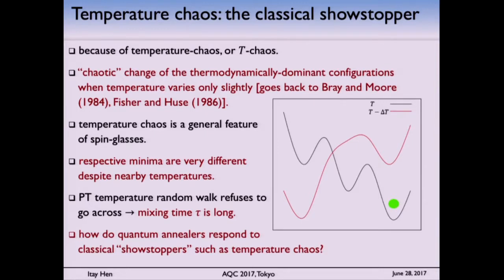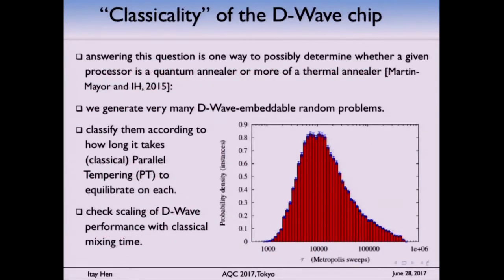We said, okay, D-Wave or any quantum annealer, it would be interesting to see how quantum annealers respond, or how susceptible they are to this purely classical showstopper, or purely classical hurdle. And how did we do that?